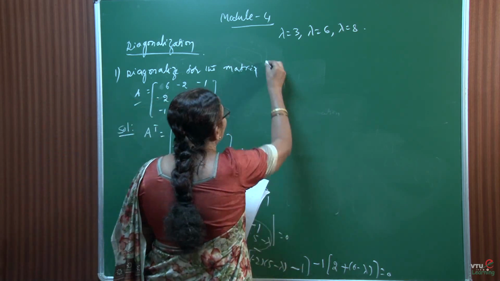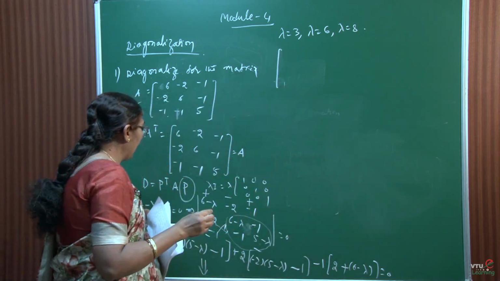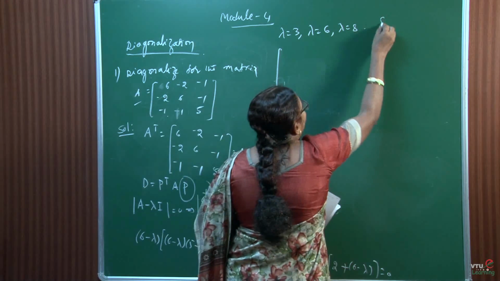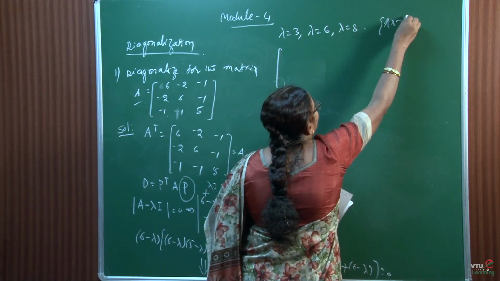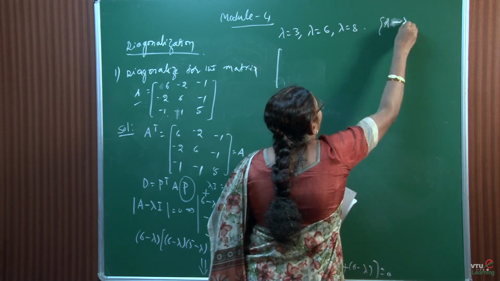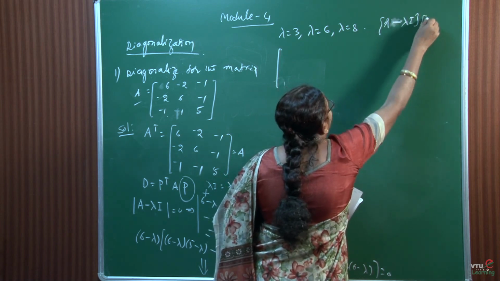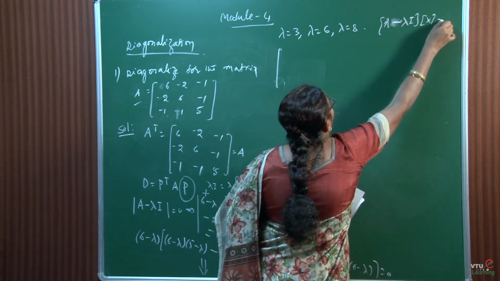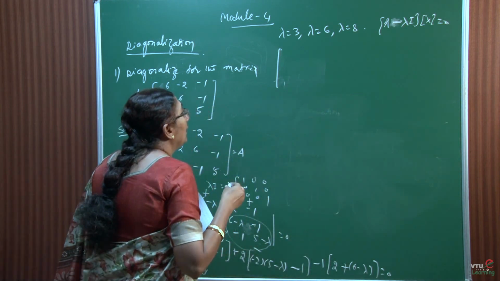Now, first you take the matrix form I told you. What's the matrix form? The matrix equation (A minus lambda I) times the matrix X must be equal to 0. What is my A?